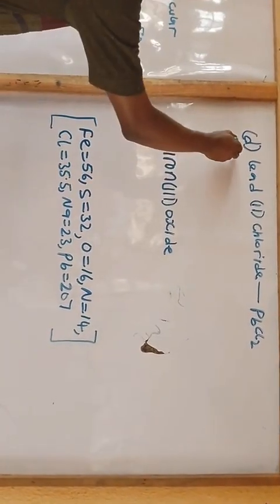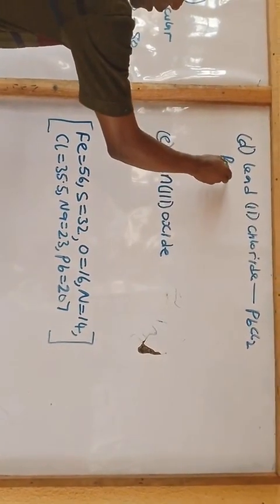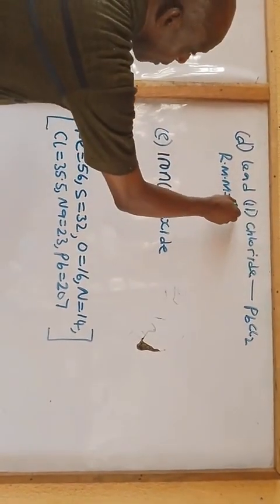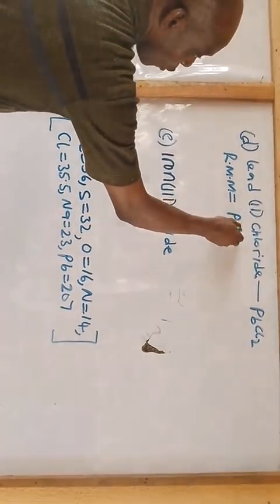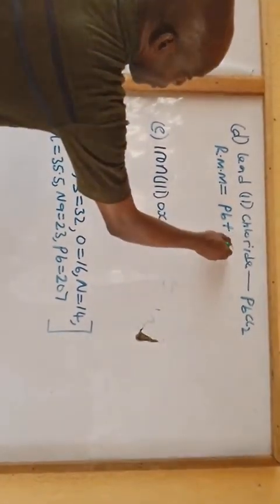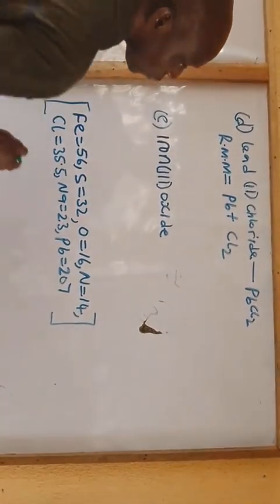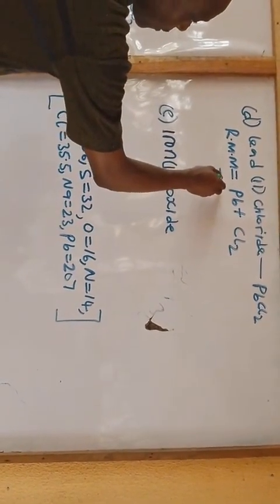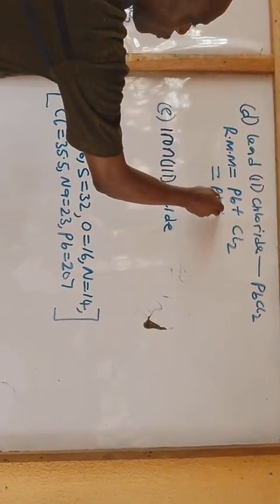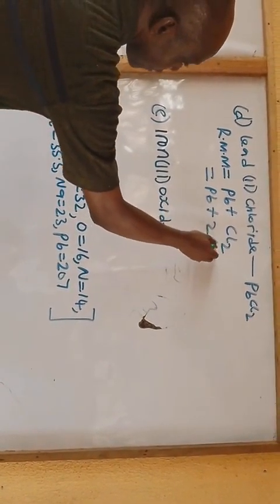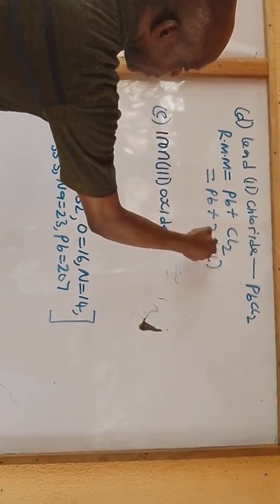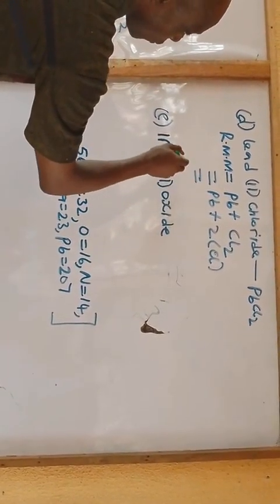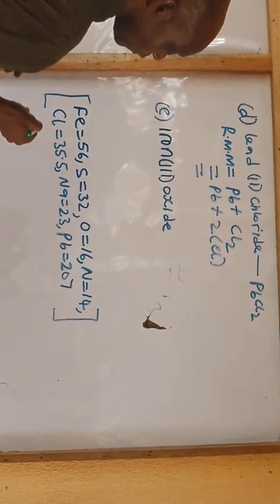Then the RMM, relative molecular mass, will now be relative atomic mass of lead plus relative atomic mass of chlorine. That now leads us to relative atomic mass of lead plus 2 times relative atomic mass of chlorine. So from there we begin to apply the given value.